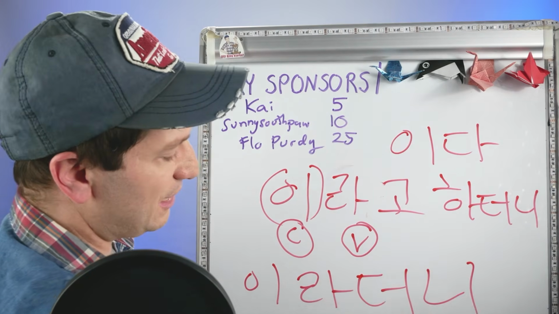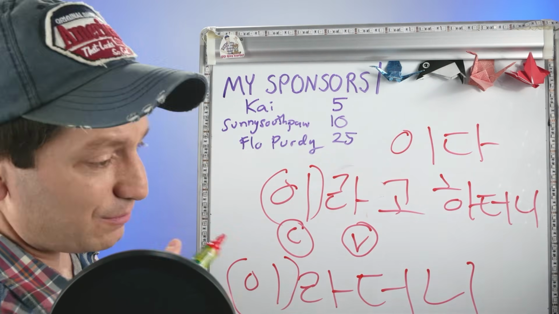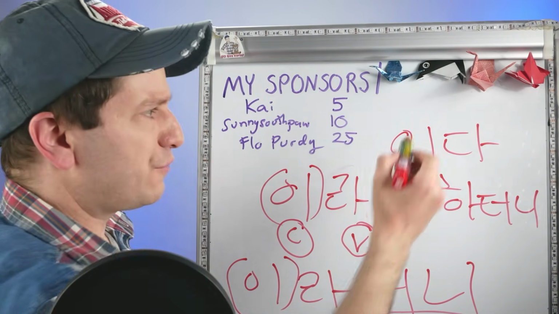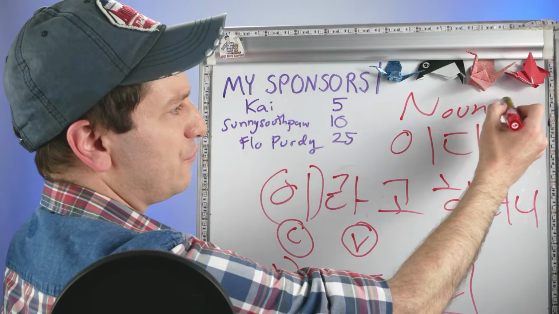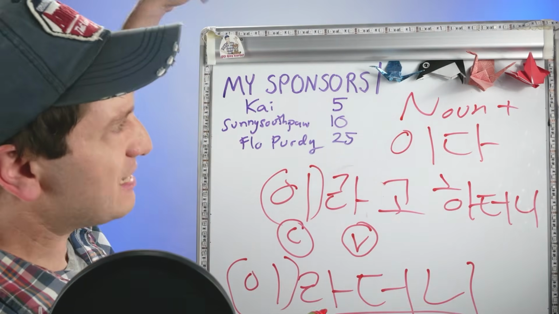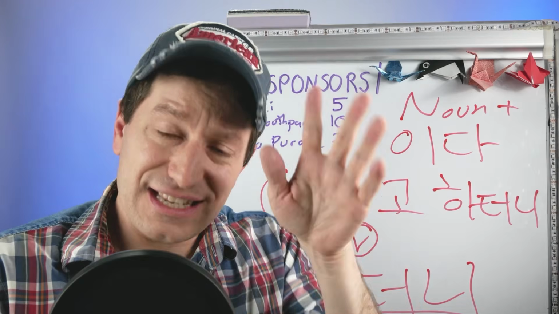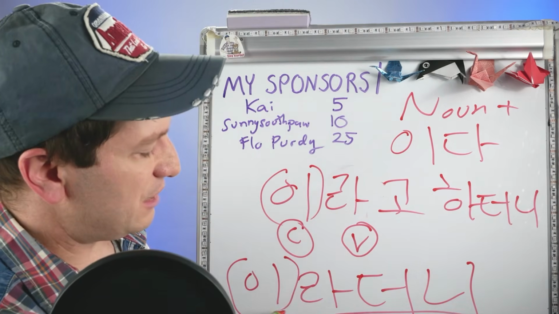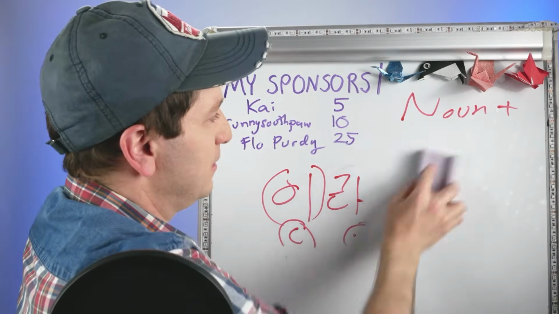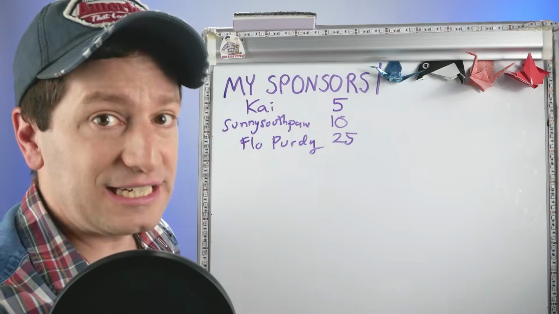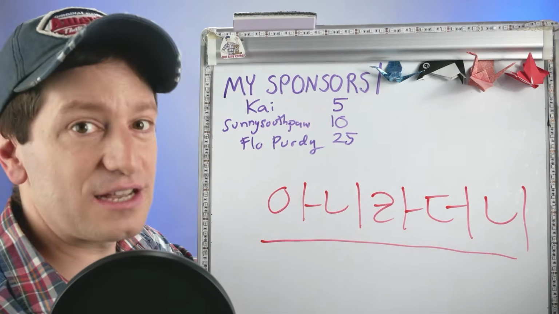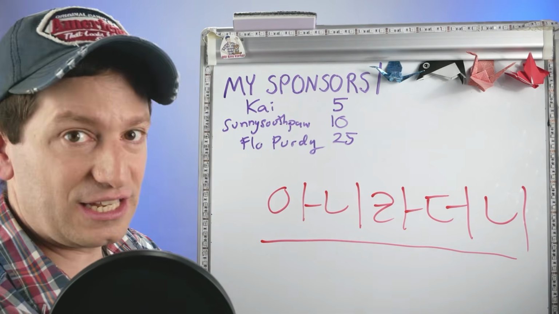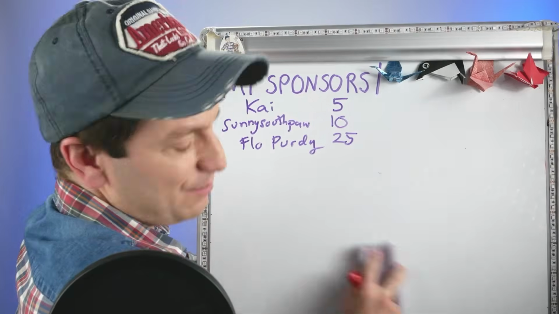Now this will be 이라더니 after a consonant, just like before, or just 라더니 after a vowel. This will always follow a noun since it's the verb 이다. So if you want to say, you said that something is, and then, hey, you have to use 이라더니. The same goes for the verb 아니다, 아니라더니, because it would originally be 아니라고 하더니. So 아니라더니.